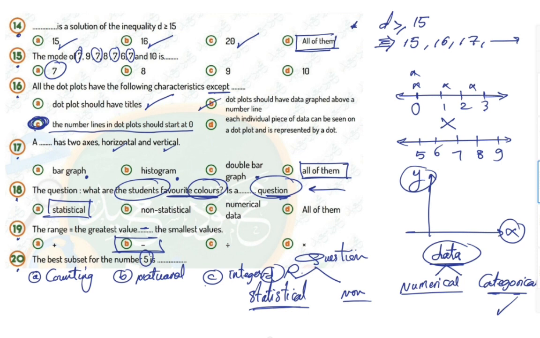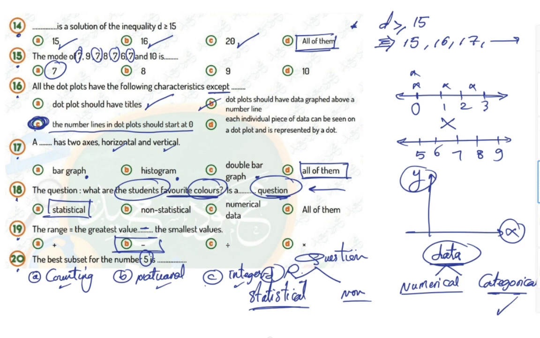I can say that 5 belongs to the counting numbers, yes. The natural numbers, yes. The integers and rational, all of these groups, 5 belongs to them. But which one is the best subset?